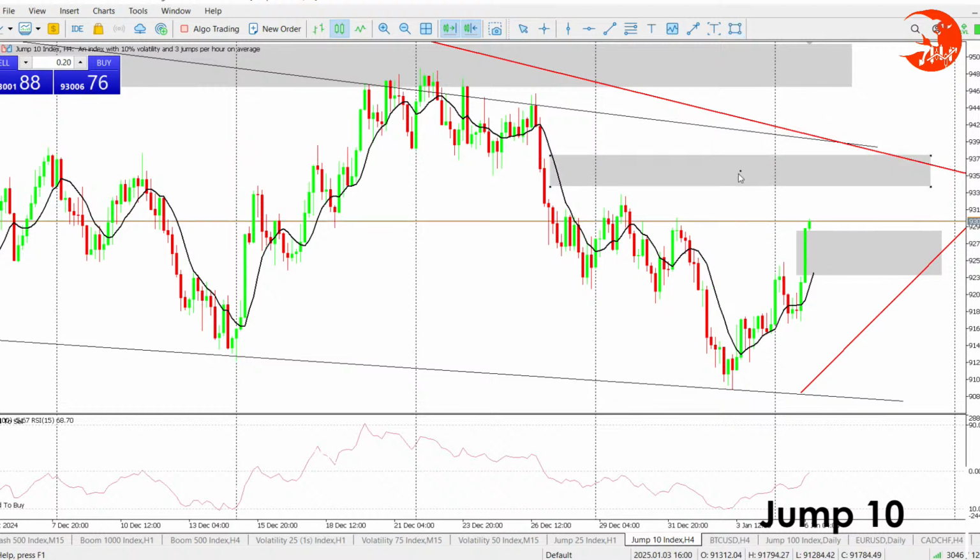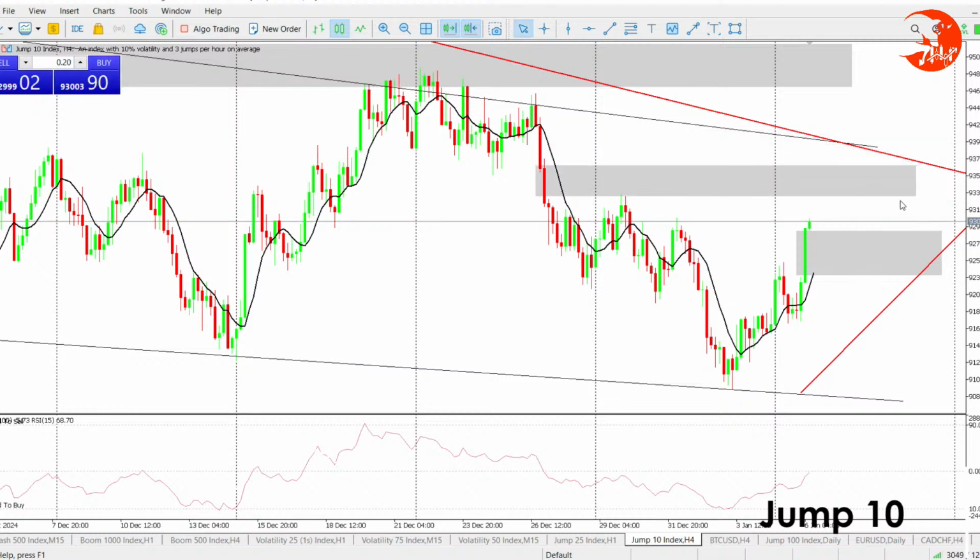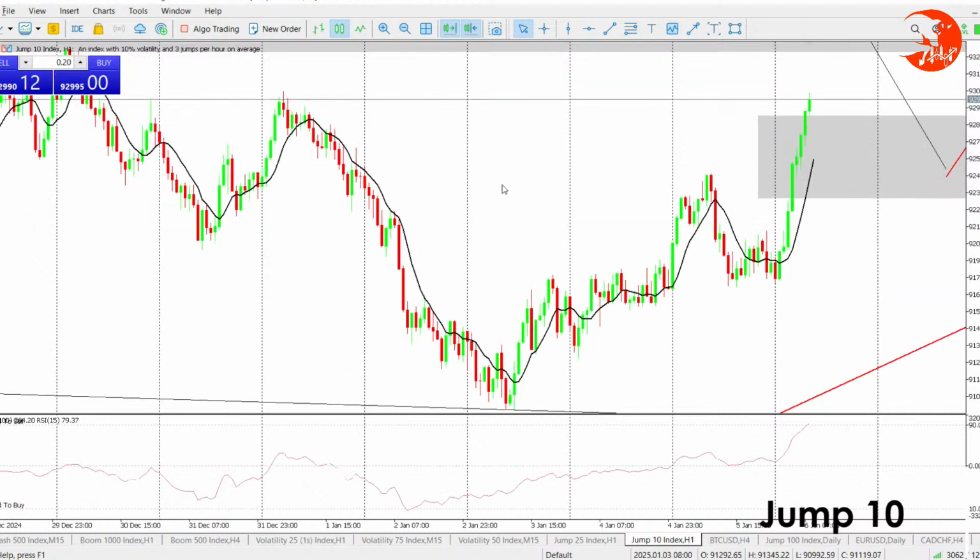This was taken out, so it may come for this, or it may come again for this. Yeah, so just around that level, I believe. So we come back for that again. Then we come in with a retracement there and push for the buys again. Yeah, that's what I may see on this.